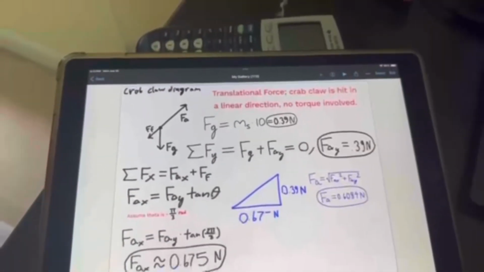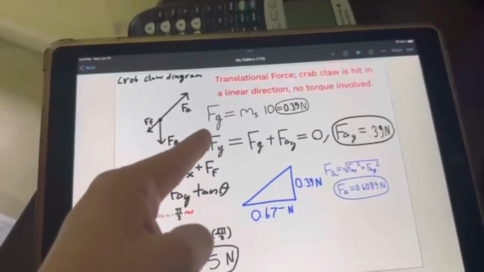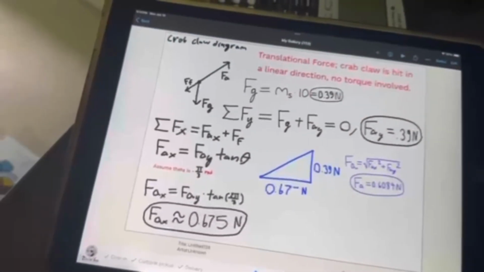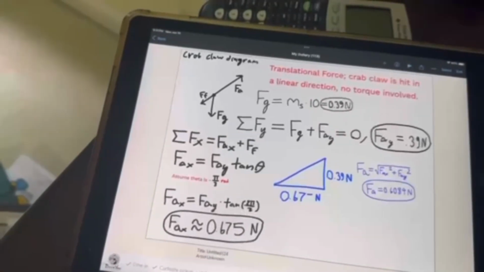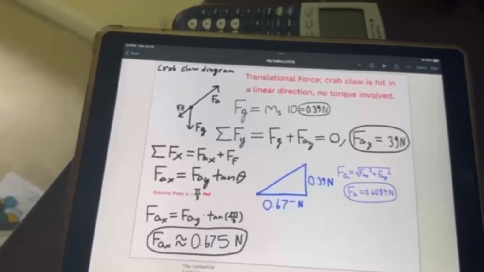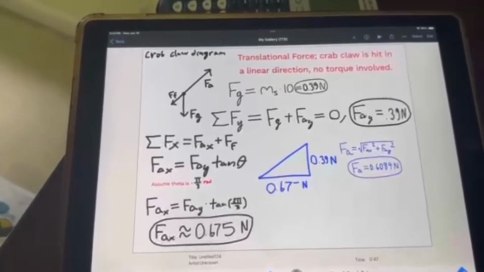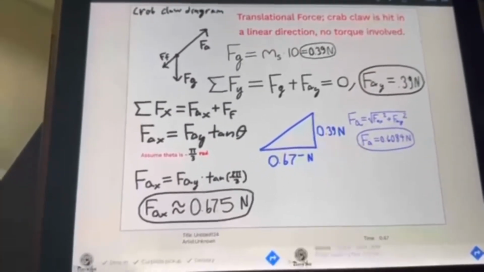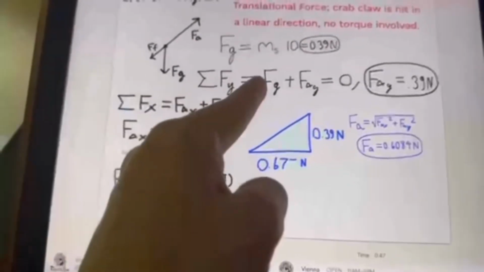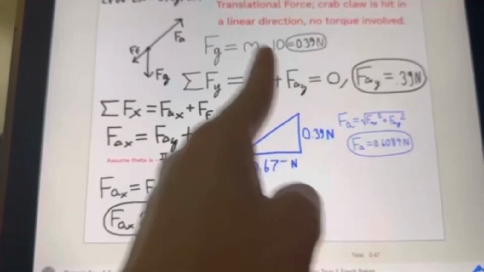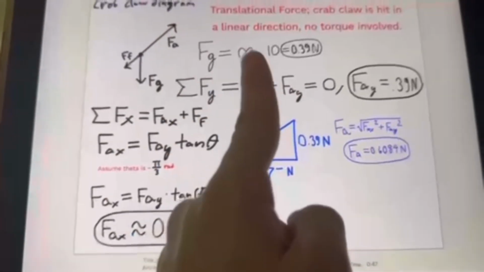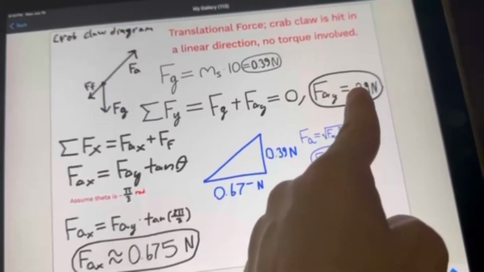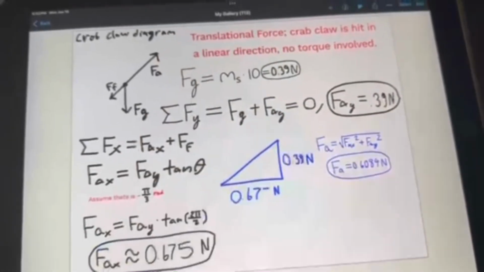Furthermore, I assumed that the net vertical forces were equal to 0, since the mantis shrimp appears to move mostly in a horizontal direction rather than a vertical direction, purely from visual observation, and also for simplicity's sake. And so I set Fg plus Fay, the vertical component of the applied force, equal to 0. From there, I was able to discern that the vertical component of the applied force is also 0.39 newtons, just like the force of gravity.